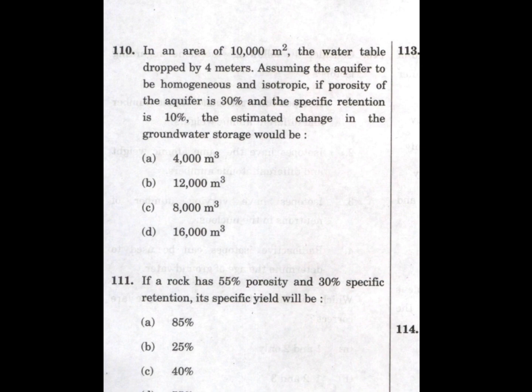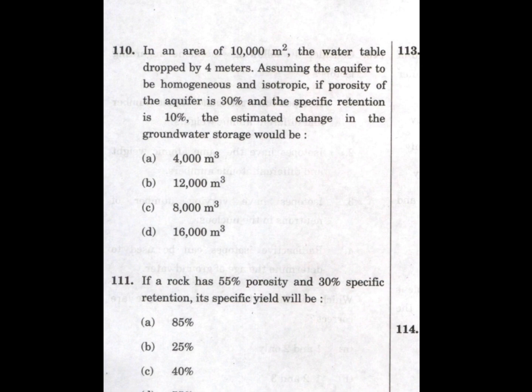To estimate the change in groundwater storage, we can use the formula: change in groundwater storage equals area into change in water table into specific yield. We have to determine the specific yield, which is porosity minus specific retention.